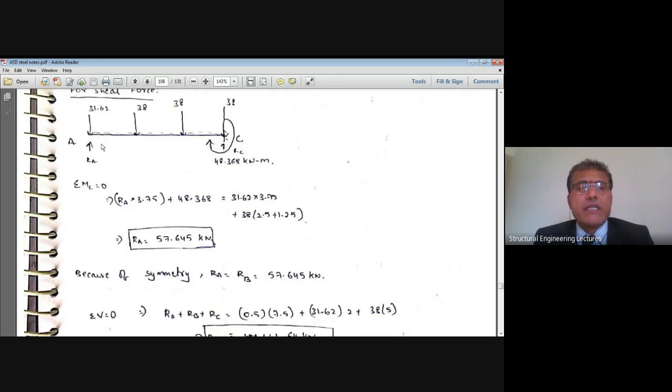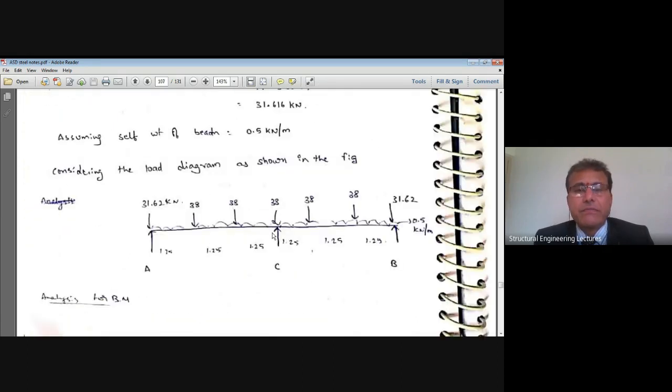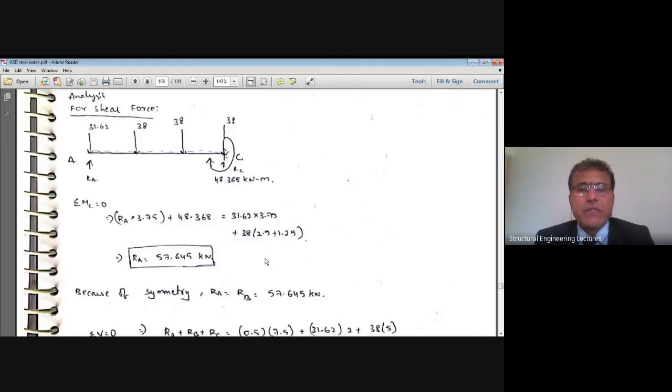But the reactions on that continuous beam are RA, RC, RB. Three reactions are there from this figure. That is how the equilibrium is set for this entire loading diagram: the sum of the vertically downward forces is equal to the sum of the vertically upward forces.